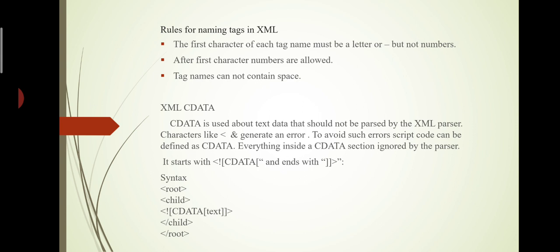The declaration of the CDATA syntax is as follows. It always starts with an angle bracket, exclamation mark, square bracket starts. Then we have to mention CDATA. Next, a square bracket, followed by the content, close the square bracket, again close the CDATA square bracket, angle bracket closed.